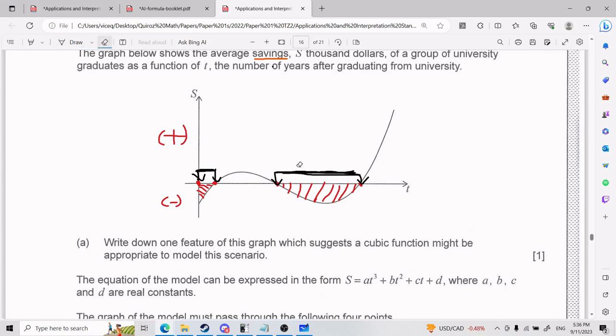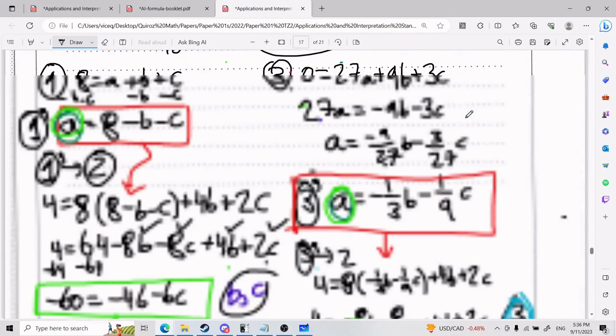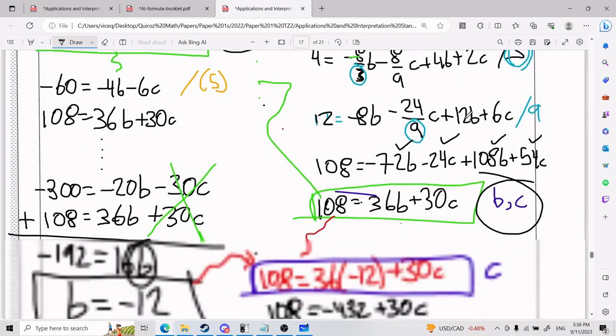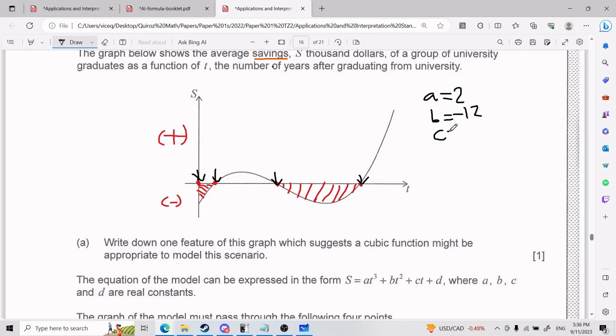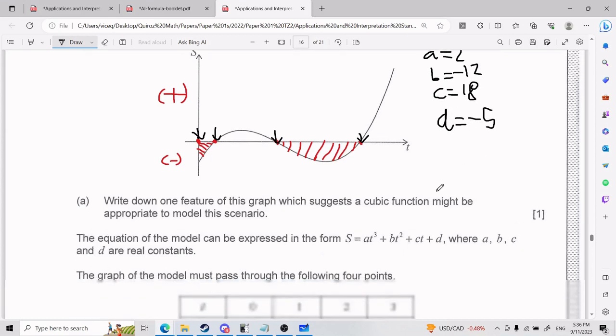Now, there's a couple ways to solve this, and what I think is the most intuitive is using the graphing calculator. Because I found that a is 2, b is negative 12, c is 18, and d is negative 5, I can plug it in here.